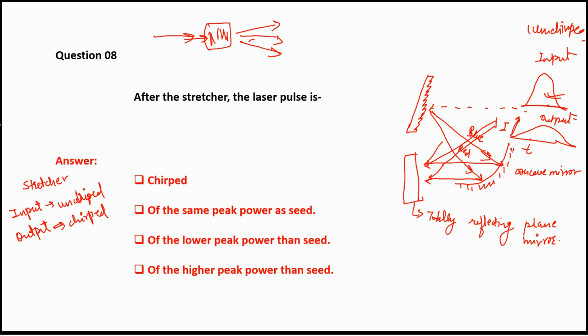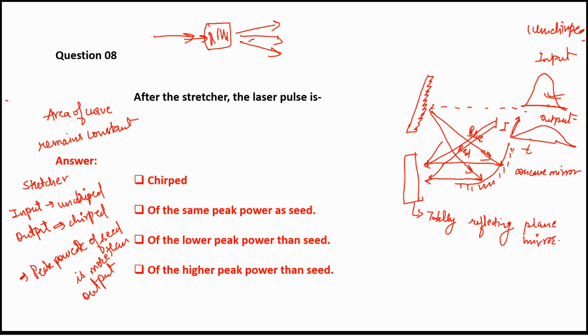We also know that the area of the curve remains constant. Since the area of the curve remains constant, we can say that the peak power of the seed, which is the input here, is more than the output.